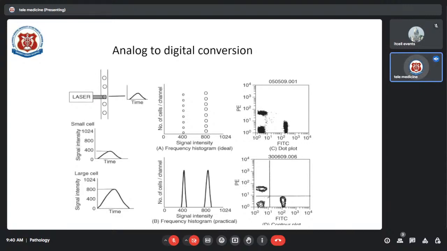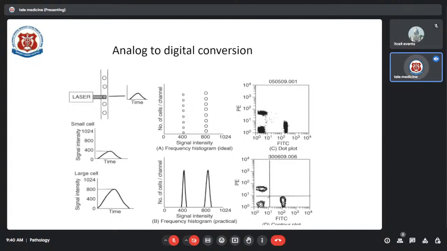So once a cell passes through the laser beam, which has 400 nanometer signal intensity attached to it, you get a pulse here. If a cell with 800 nanometer passes through, you get a pulse here. So if you have two kinds of cells, some with 400 nanometer intensity signal, some with 800, you will get the number of cells in different bins. So now you know how many cells had the signal intensity 400 nanometer wavelength and how many had 800.